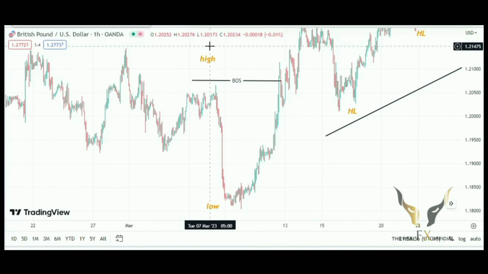So it created a low right here, okay, this is the high, and this is the low created by the price. Then the price impulsively pushed back to the upside, okay. This is the break of structure. The price broke the recent high, which is also known as a change of character, okay. So we have to name it as a change of character.